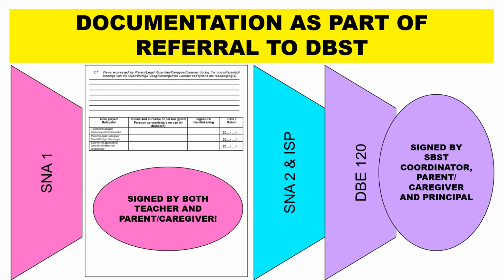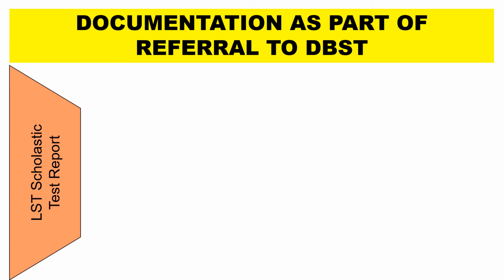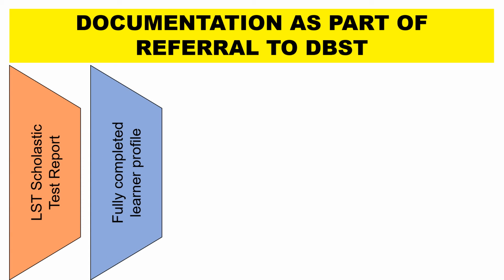Therefore, the DBE 120 will also be included in the package that is sent home to the parent. The LST's scholastic test report, I will ask you to send the learner to my classroom and I will test the learner scholastically and type out a report which will then be included within the documentation.